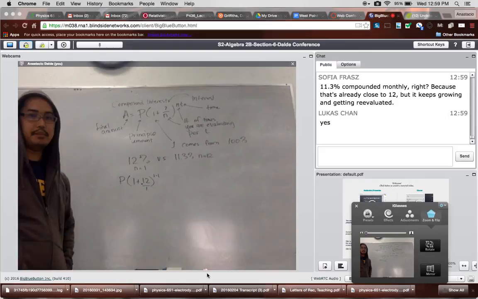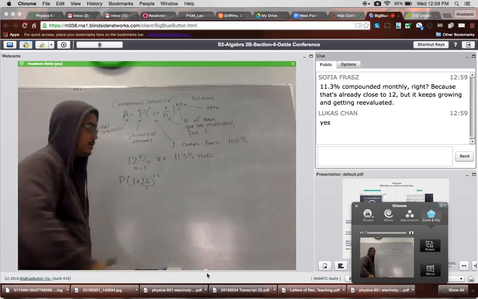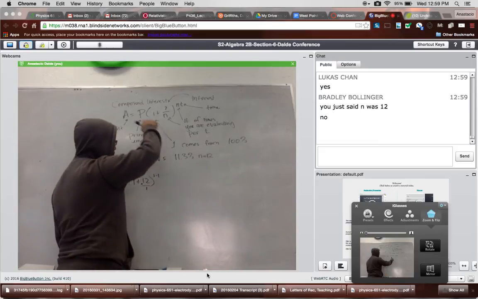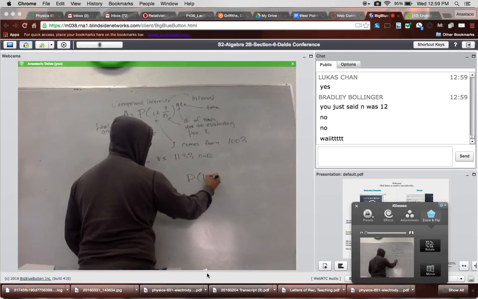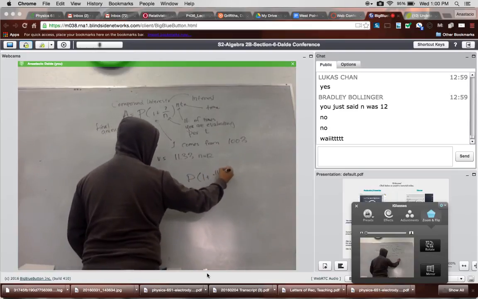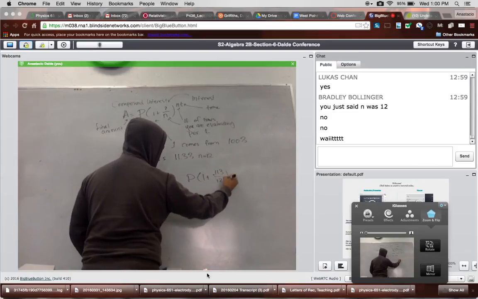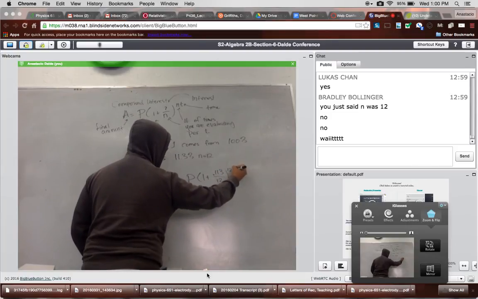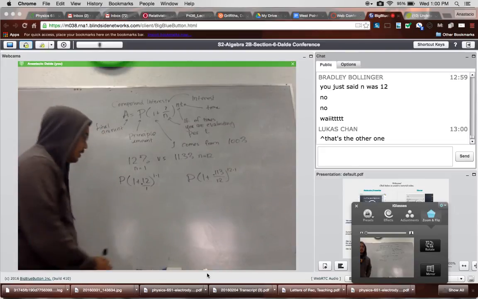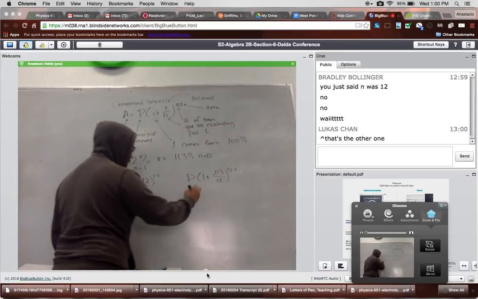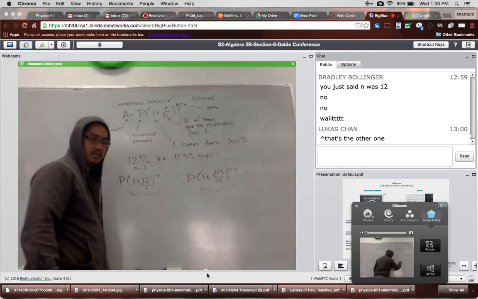All right, for this one, you plug these numbers into your equation. It's P times 1 plus 0.113 divided by 12, to the 12th power times 1. So then all you do is plug this into your calculator and this into your calculator and see which number is bigger.